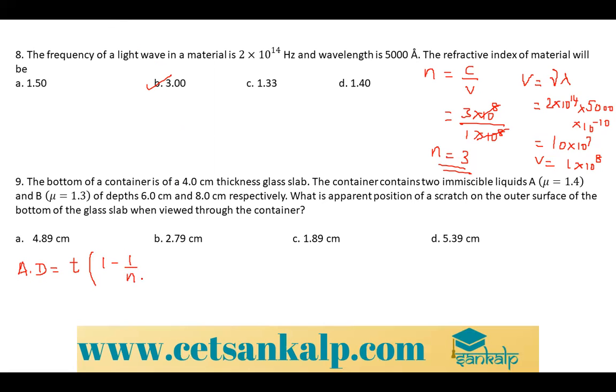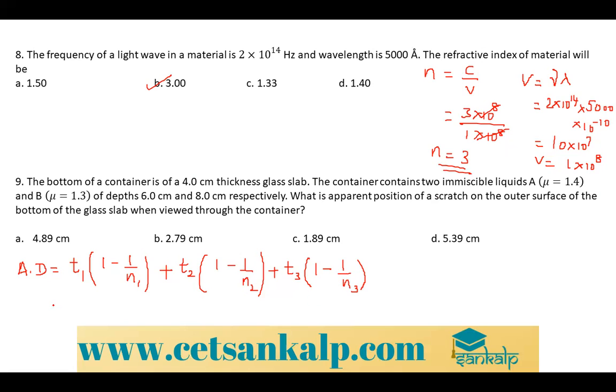Now T1 into 1 minus 1 by n1, plus T2 into 1 minus 1 by n2, plus T3 into 1 minus 1 by n3. So this is the formula for three media.